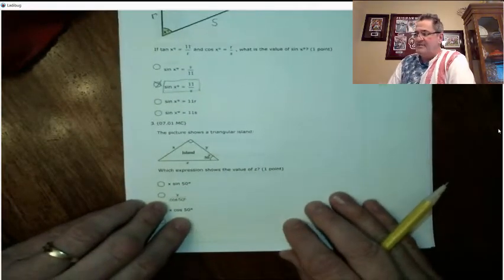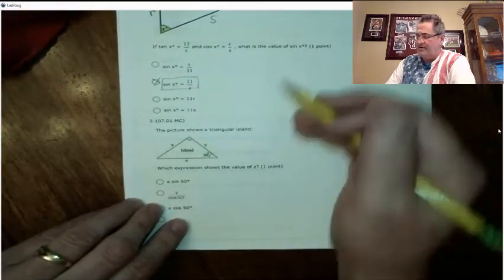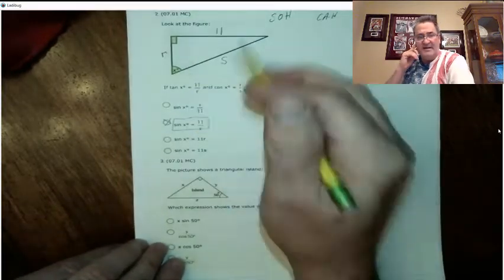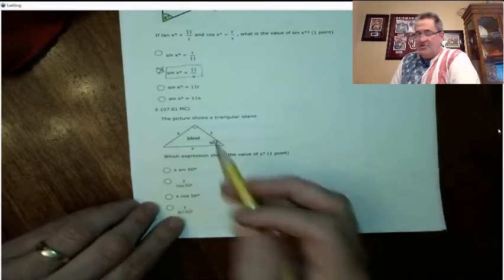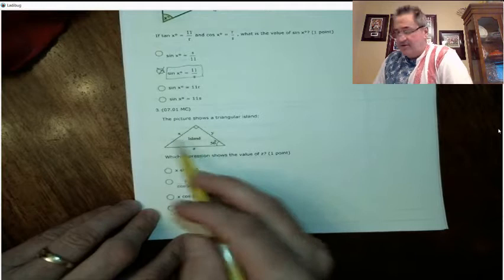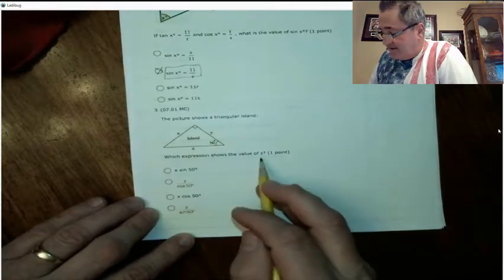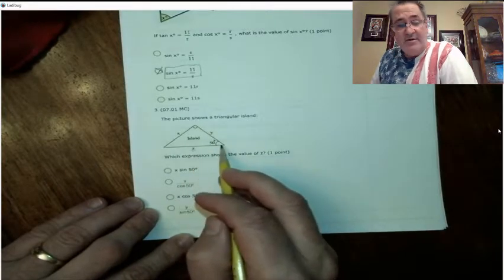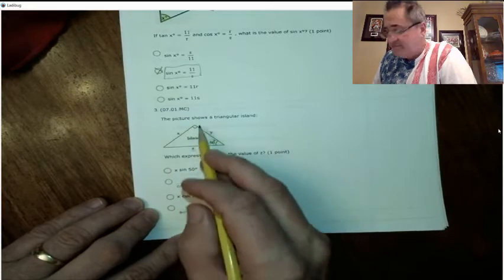When you're taking the test, sometimes it's handy to have some paper and just jot these things down: draw that triangle and write those things in. Otherwise, you have to keep track of all that in your head, and you might get confused. All right, this picture shows a triangular island, and we have x, y, and z as the three sides and a 50-degree angle. Which expression shows the value of z? Z is right here. For this triangle, it's the hypotenuse, because the right angle is on the other side.